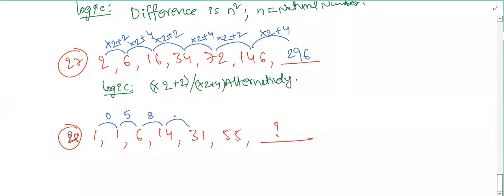Next difference, 17, then 20, 21. 14 plus 17 is 31. Okay, next difference, 24. Let me tell you one important point here.